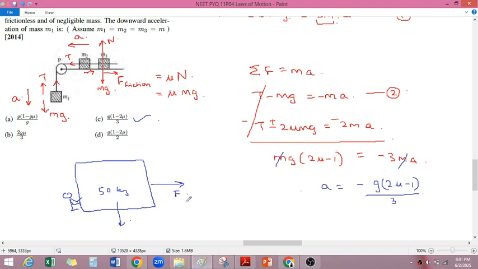So that means we are doing a horizontal push or pull. So in other words, this is mg, this is normal reaction N. So your question is, sir, how can we push such a big mass?